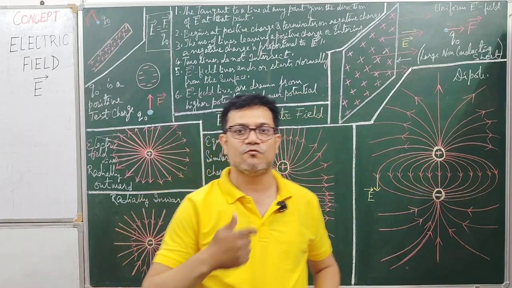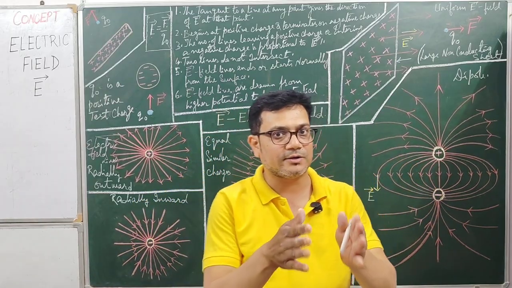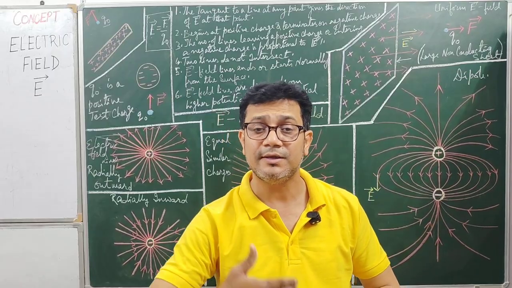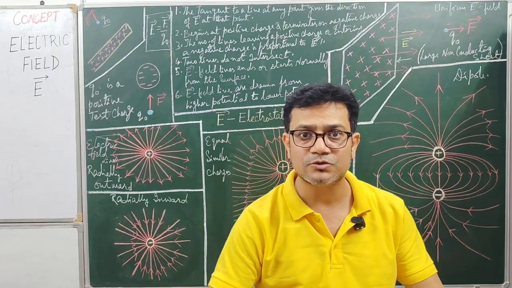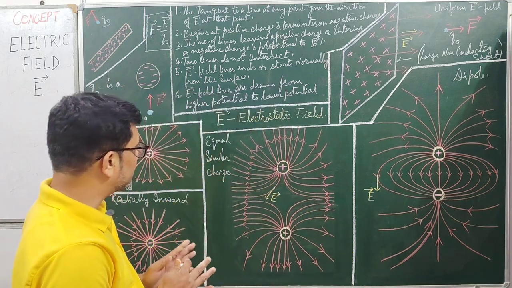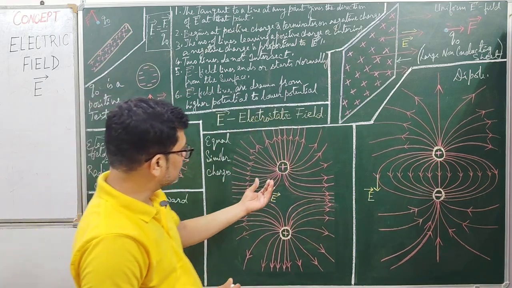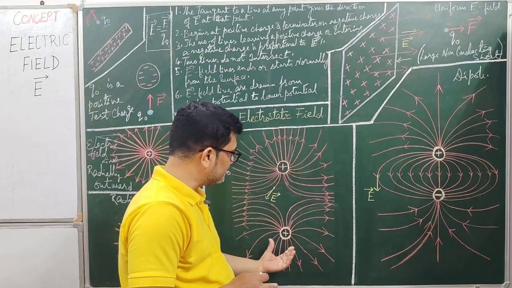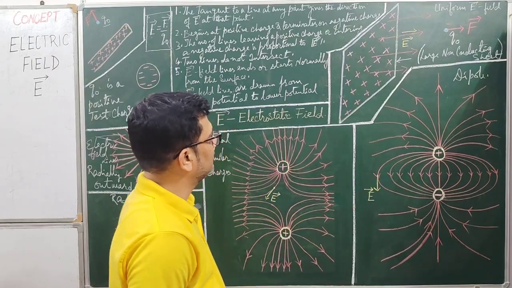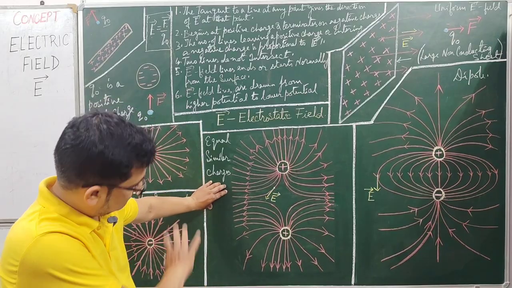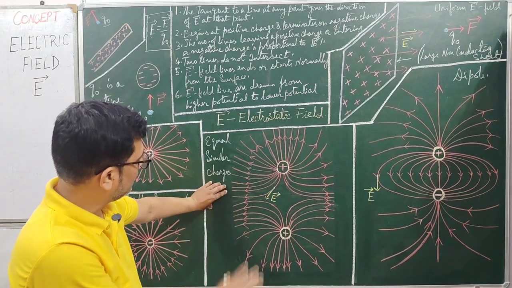As we move on, we'll be studying electrostatic potential and equipotential surfaces. Those terms we will study later on, but at this point we need to remember that it comes out of the higher potential and terminates at the lower potential.